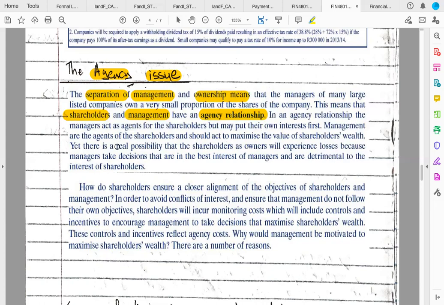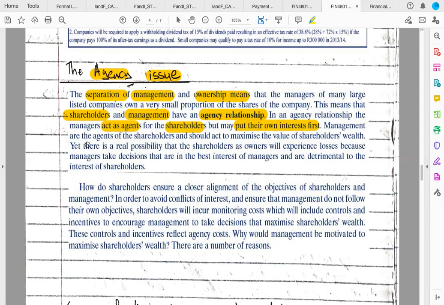So, in an agency relationship, the managers act as agents. The managers act as representatives or agents on behalf of shareholders. But there's always the risk that the managers might decide to put their own interests first. Okay, so that's the agency problem.